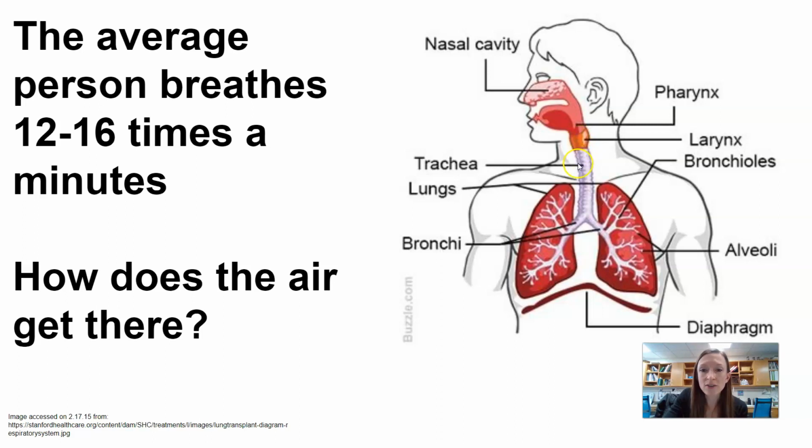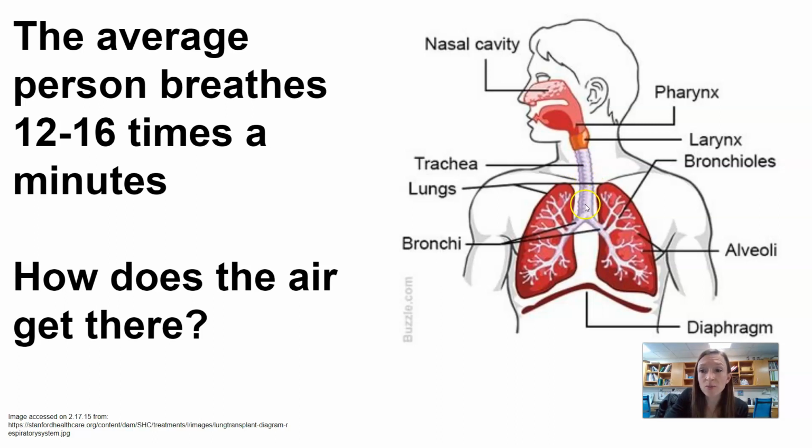Air is also going to travel down the trachea. If you've ever said, "Oh, I just swallowed air down the wrong pipe," you could actually fix that and say, "I just put water down my trachea," which isn't the place I want water to go. Your trachea is also known as your windpipe, and that directs air into your bronchi.